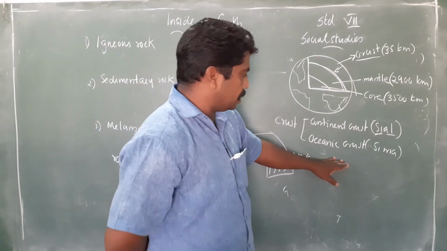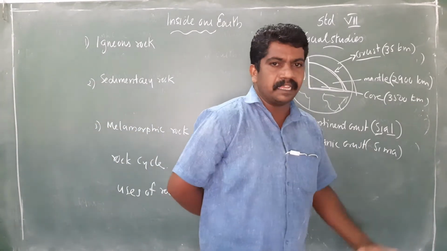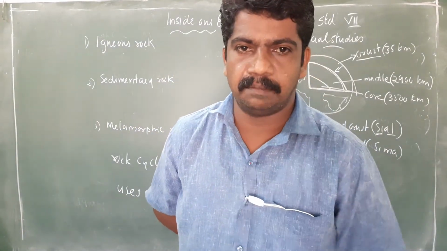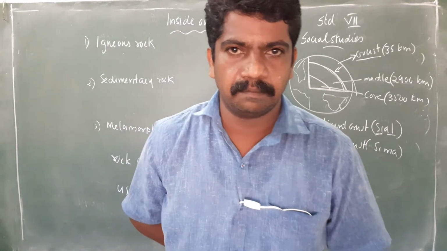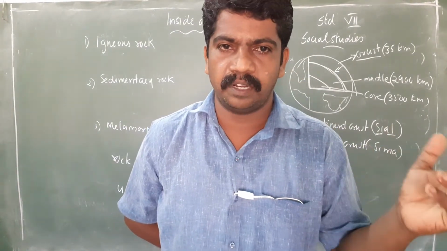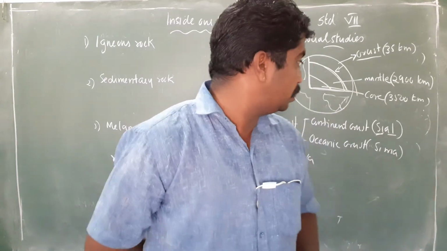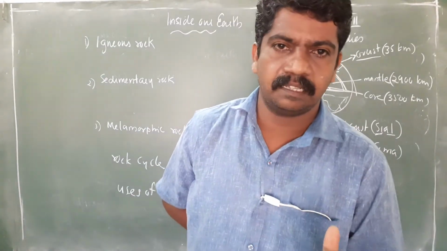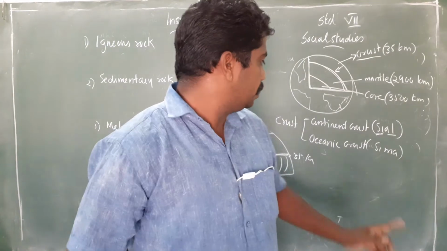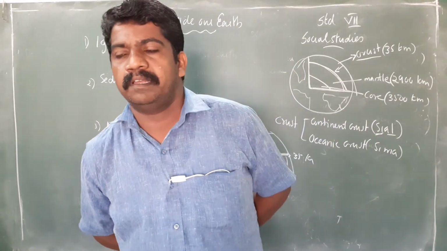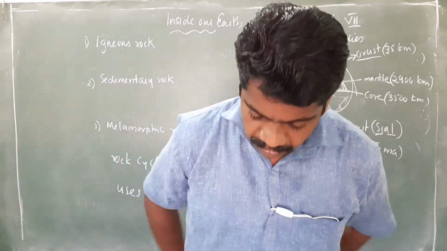It contains minerals like silica and magnesium, therefore it is called Sima. Continental crust is also called Sial because it contains silica and aluminium, and oceanic crust is also called Sima because it contains silica and magnesium.